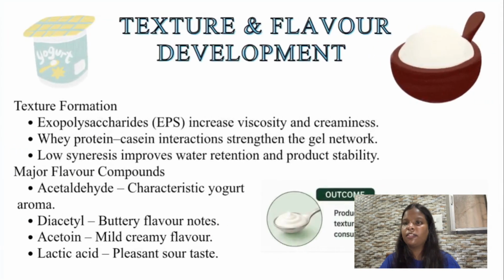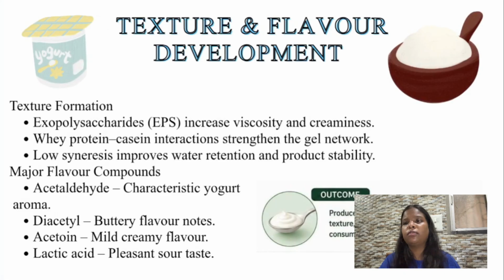Texture and flavor development. The unique texture and flavor of yogurt are direct results of microbial activity. Certain lactic acid bacteria produce exopolysaccharides, commonly known as EPS, which increase viscosity and improve creaminess. Interaction between whey proteins and casein further strengthens the gel network, while reduced syneresis minimizes whey separation and improves product stability.